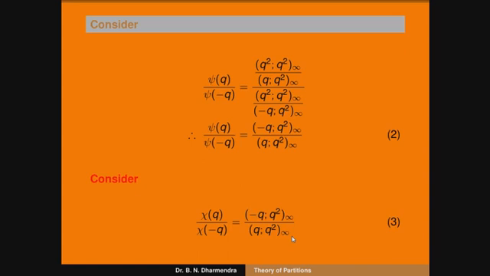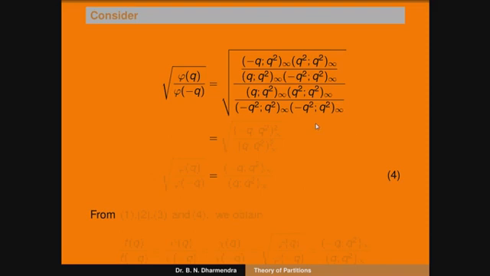And finally, the next one is the square root of phi of q divided by phi of minus q. Here also we know the statement of phi of q, that is (minus q; q squared) infinity into (q squared; q squared) infinity divided by (q; q squared) infinity into (minus q squared; q squared) infinity.